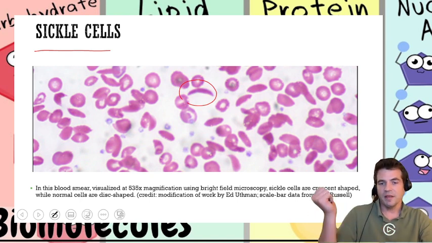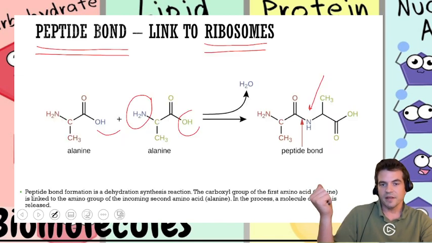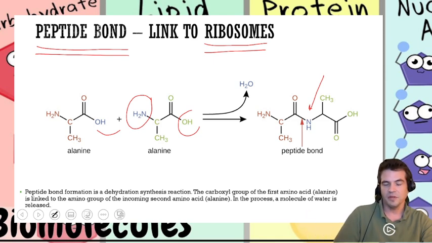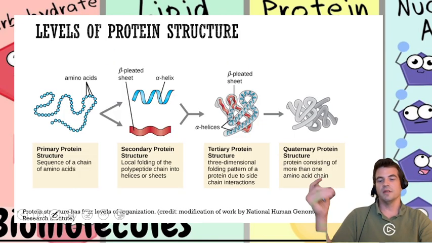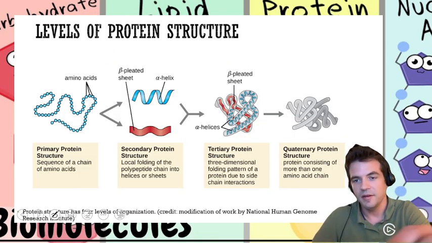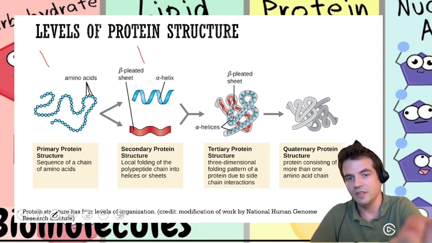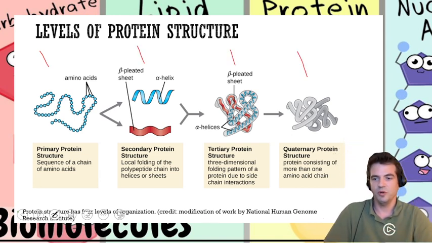What do I mean by improperly folded protein? Well, it either got a bad sequence and the peptide bond wasn't correct, and so it stopped abruptly, or we have a mistake in one of these levels of protein structure.